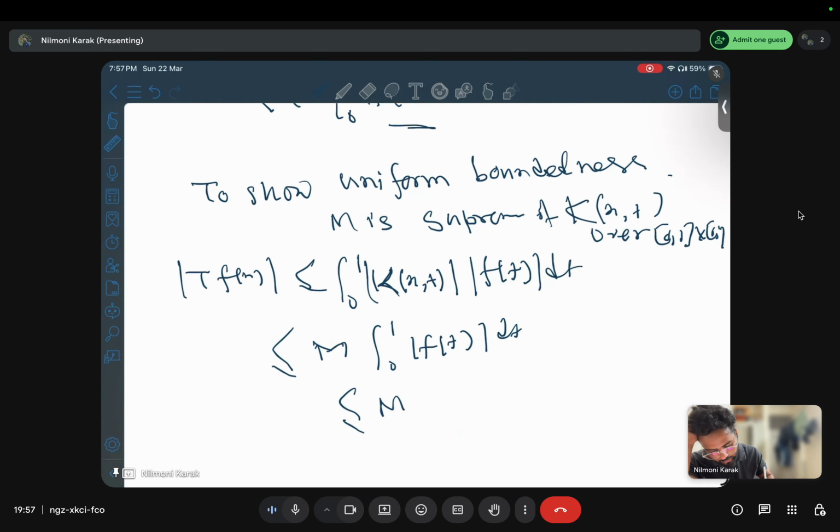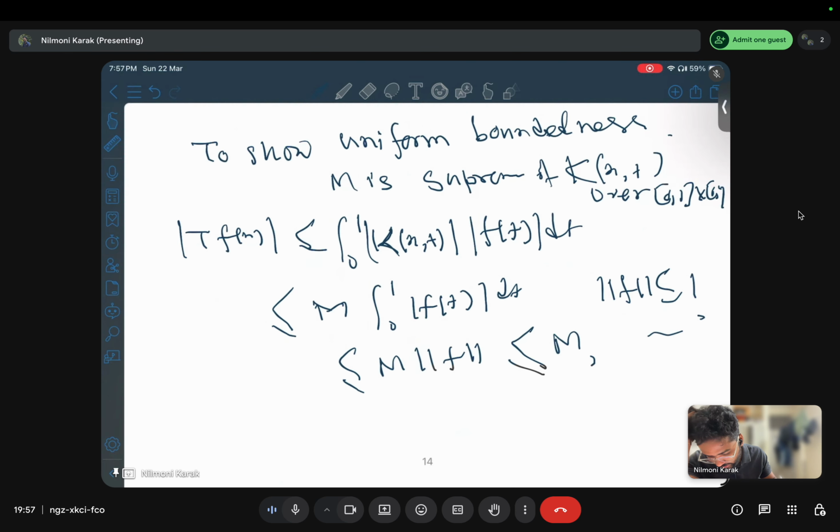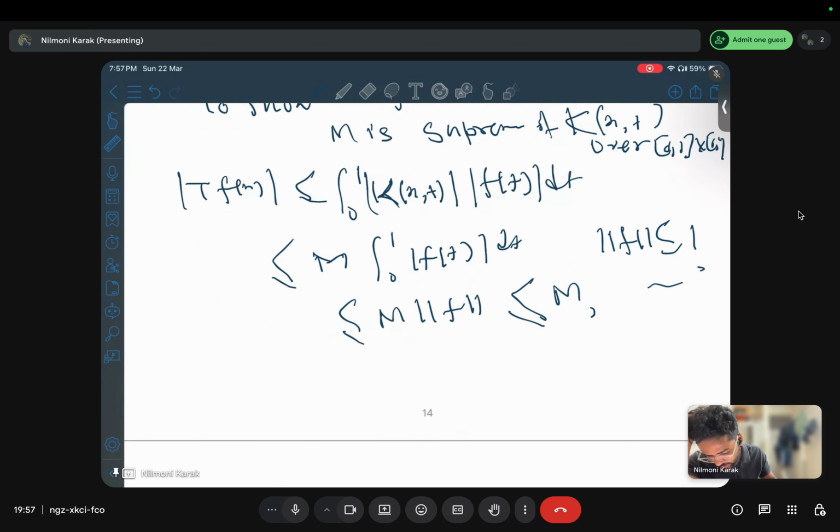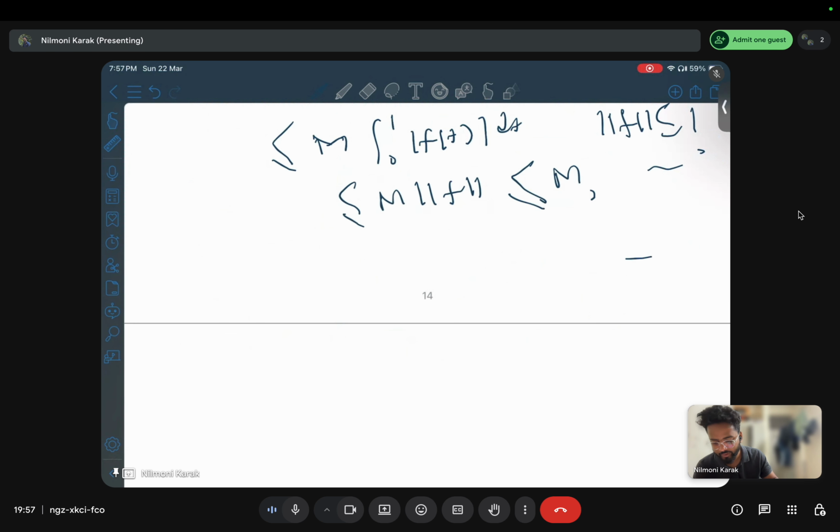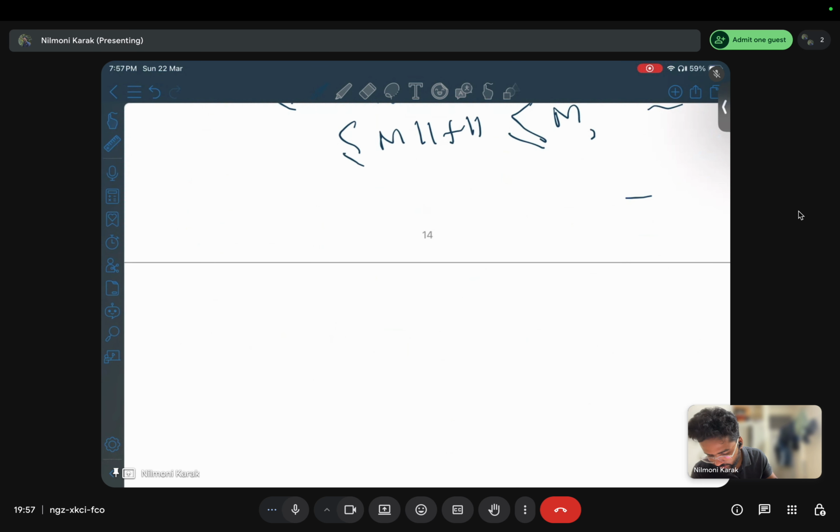This is at most M times the norm of f, and this is at most M because we consider norm of f less than or equal to 1 initially. Similarly, now the Arzela-Ascoli theorem proves this operator is compact.